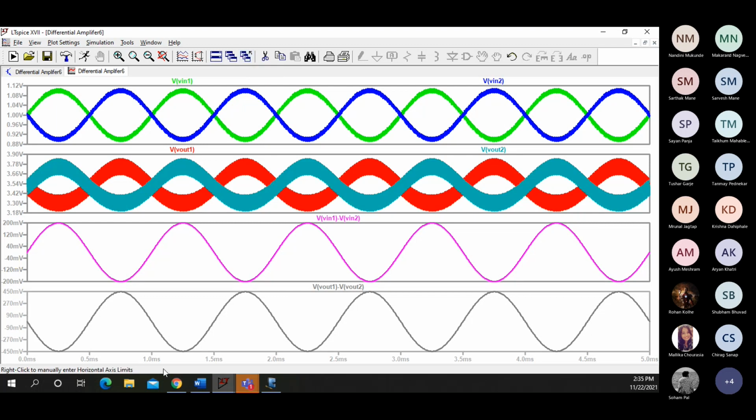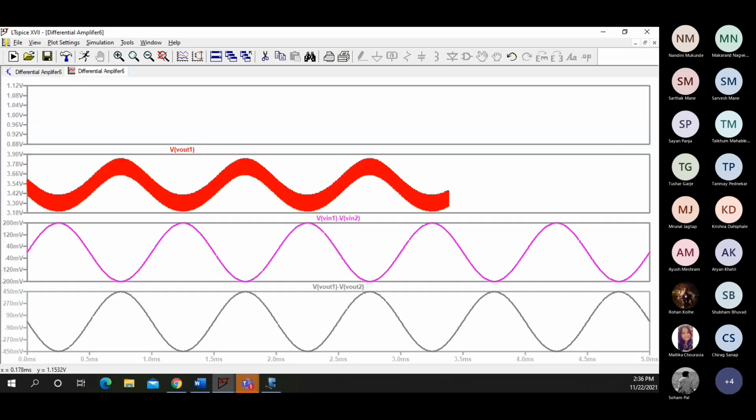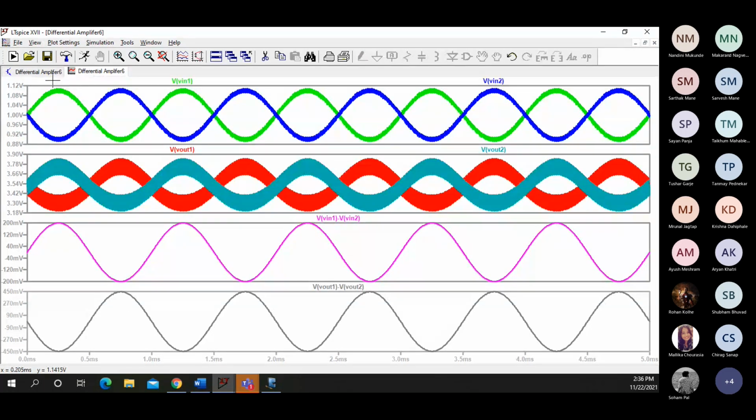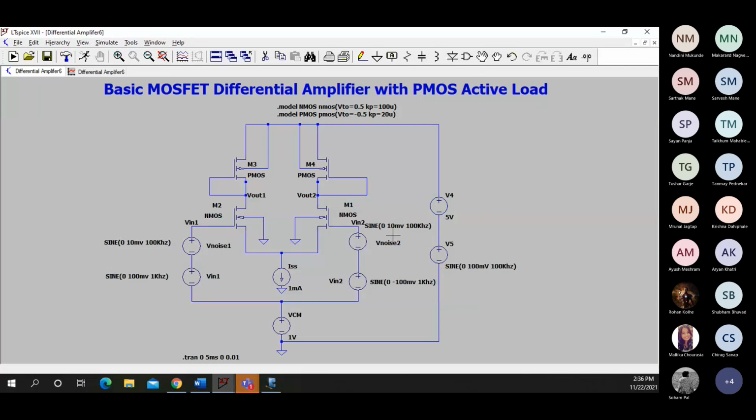But the problem with this circuit is that the gain also falls. If you look here, the gain is just double. Initially the gain was 10, now it has reduced. That is because maybe the 1/gm is not giving a sufficient value which is comparable to the value of RD.